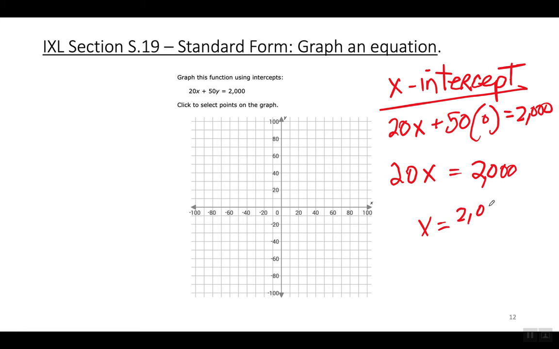So x equals 2000 divided by 20. So x equals 100. So when y equals 0, x equals 100, which is right there. That's my x-intercept.